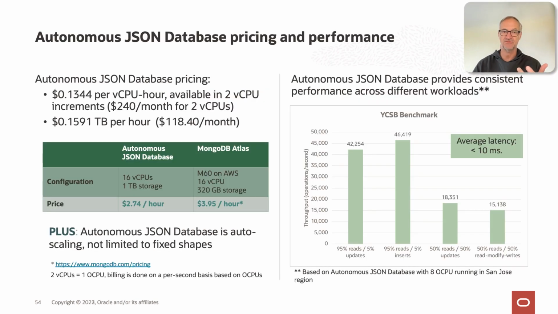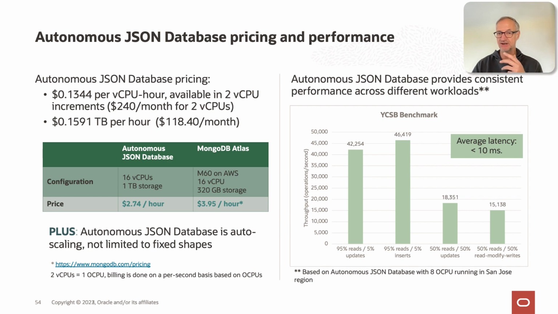And from a pricing and performance perspective, we are very competitive compared to MongoDB Atlas, right? This is a simple configuration of an 8.0 CPU system where we priced Mongo in AWS against the Autonomous JSON Database, and our costs are way below that of Mongo.